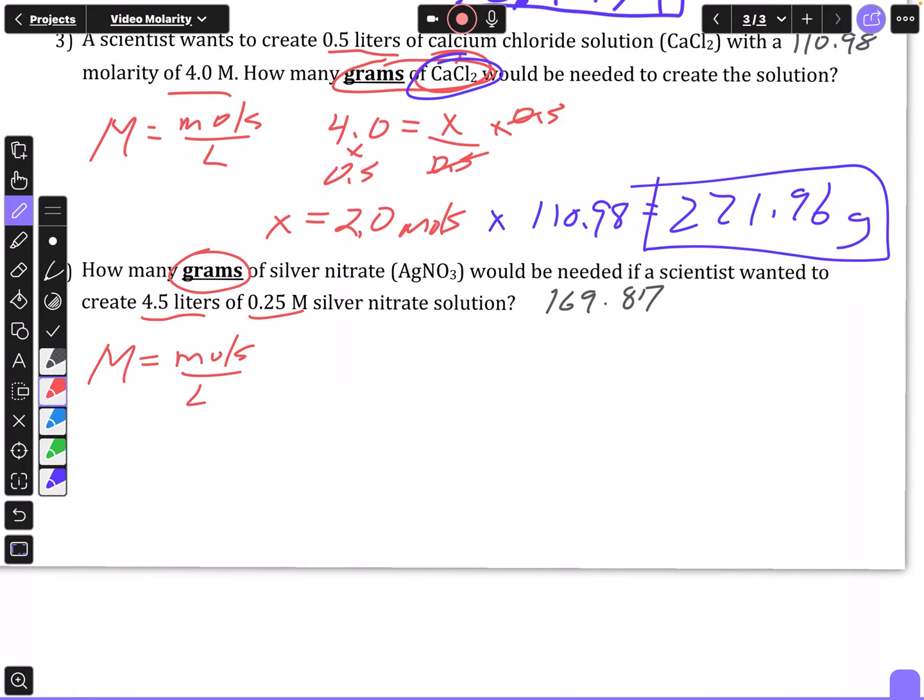So when I plug that in, my molarity, it told me, was 0.25. My moles, I'm going to put an X in there because I have to solve for it first, over my volume, which is 4.5 liters. To solve for X, I need to multiply both sides by 4.5.